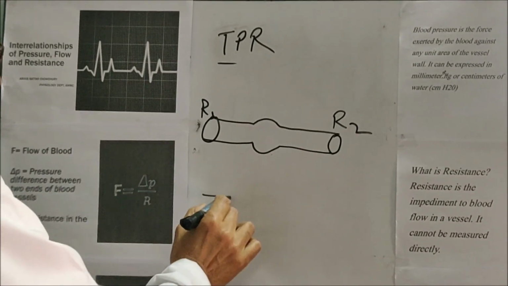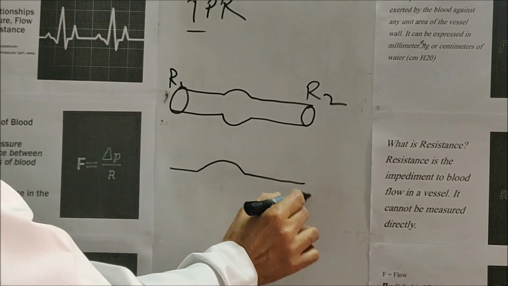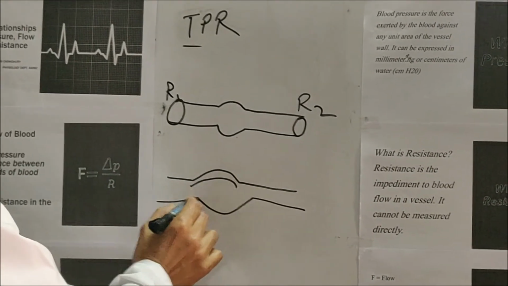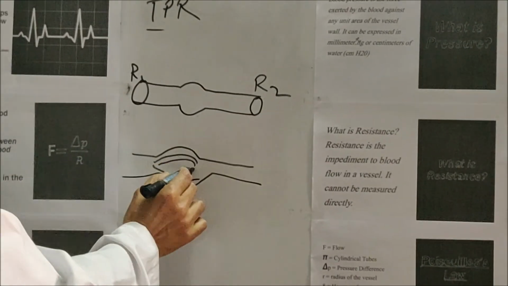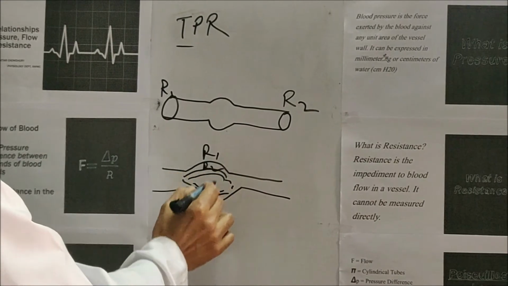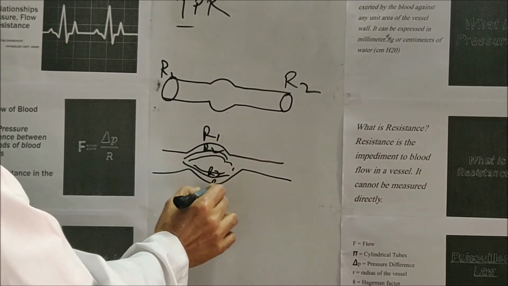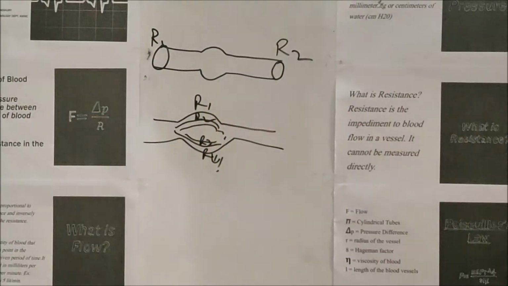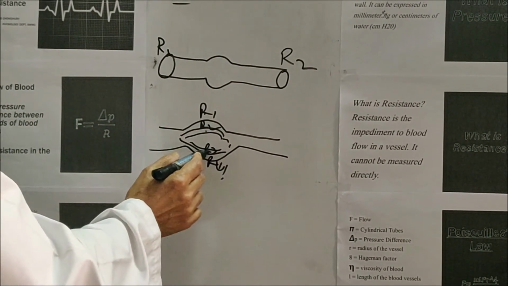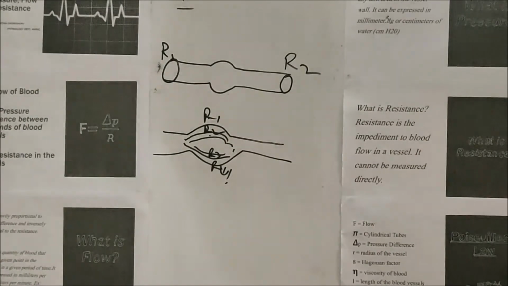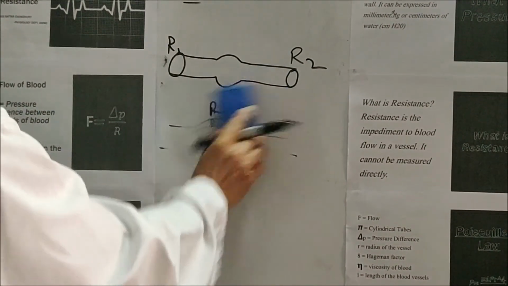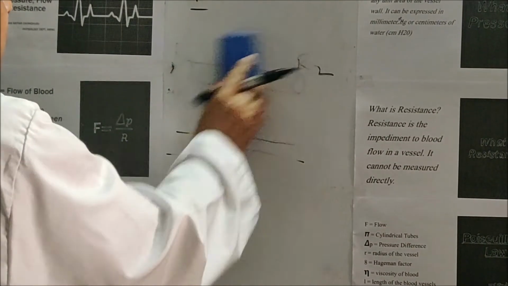Then again there is the parallel blood vessel, R1, R2, R3, R4. This is the total peripheral resistance. Now, I think I'll shift to another topic.